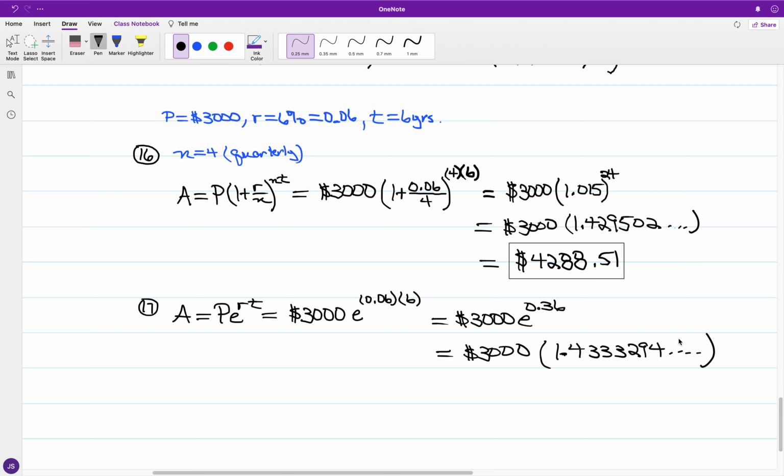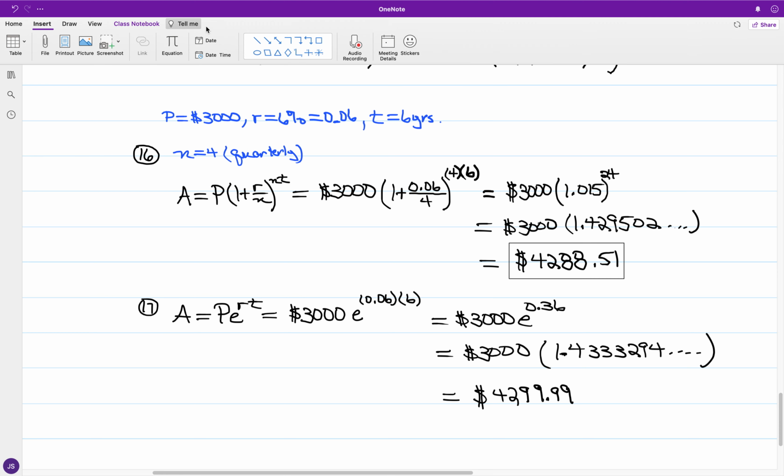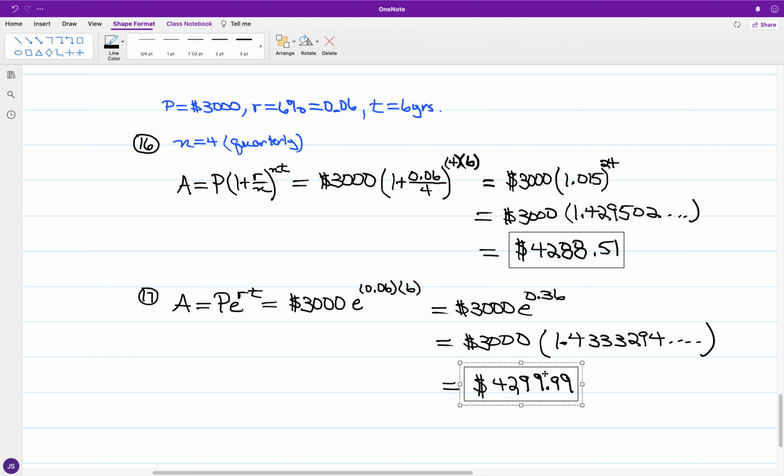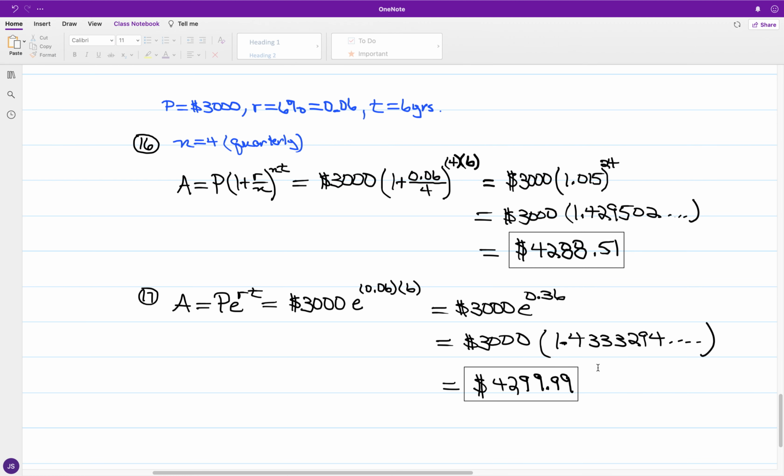Multiplying by $3,000 and putting this in terms of dollars and cents, we are very close to $4,300, and rounding to the nearest penny we end up right at $4,299.99. This is what we have with continuous compounding, and this is theoretically the maximum attainable result with $3,000 at 6% compounded for 6 years.